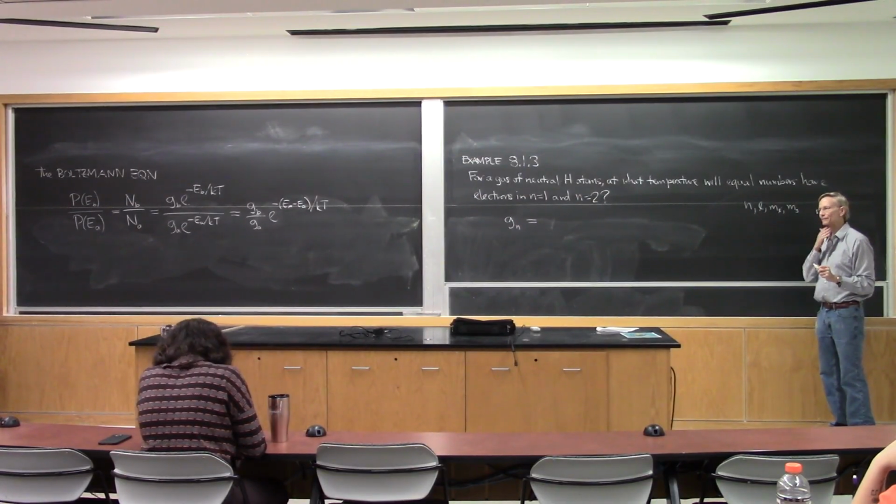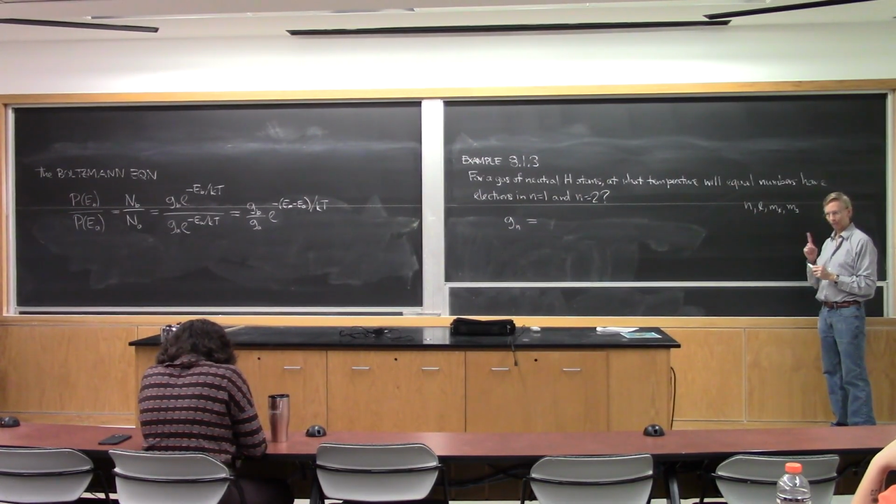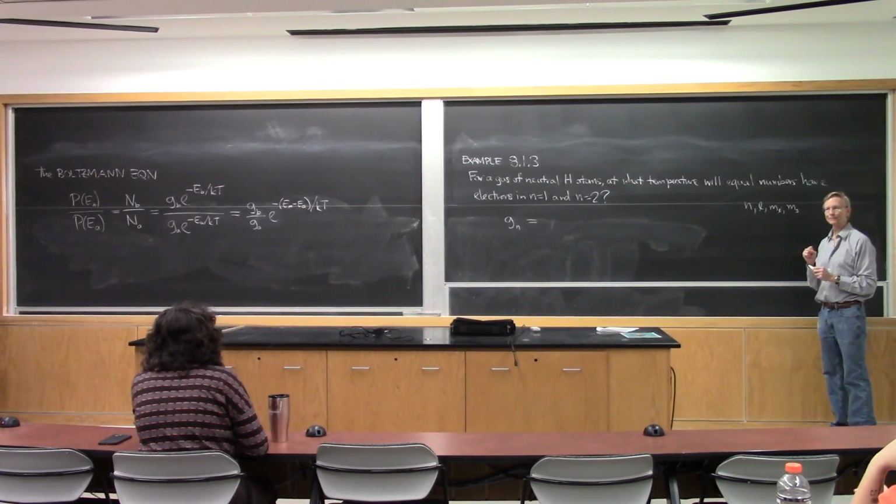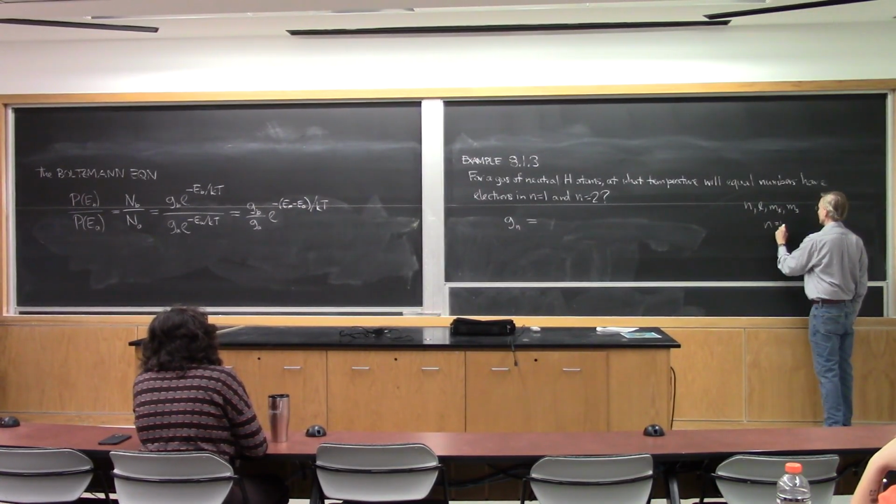What's the smallest value of n for hydrogen? 1, then comes 2, then comes any end to this? Nope. So n, right, can be 1, 2, 3, and so on.